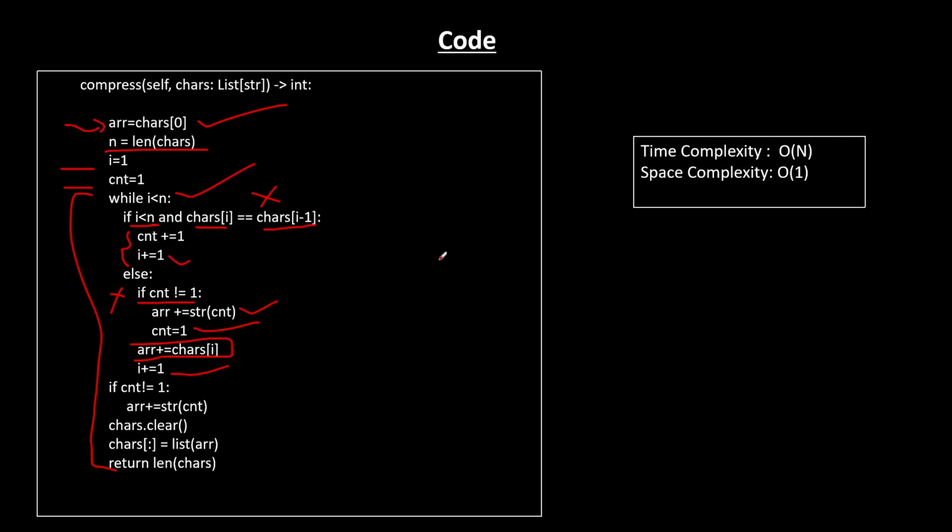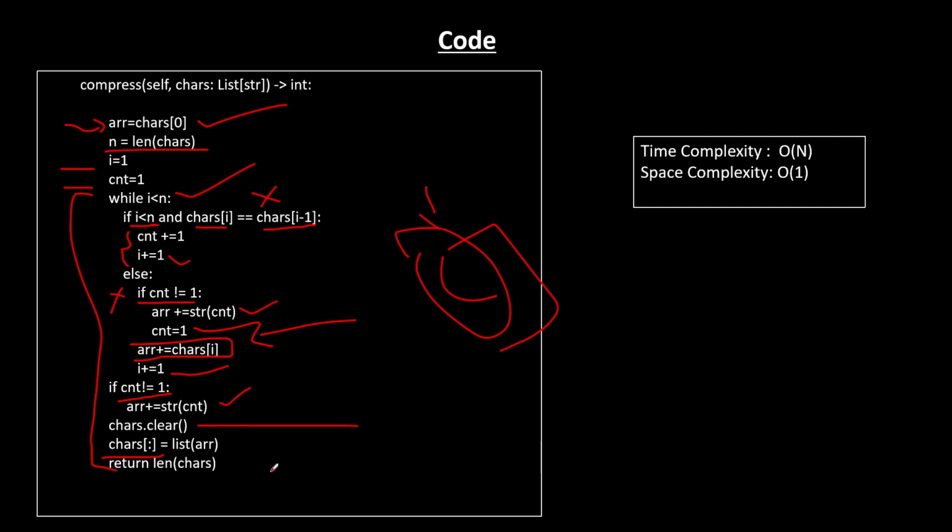And after the loop ends, as I checked with the C, the last value of the character, we have the count of C, and the value is appended to the string already. But to append the count after the value, we have to check if count is not equal to 1. If it is not, then append it, otherwise don't. We will clear the given array, convert the string into an array, store it in the chars array itself again, and return the length.